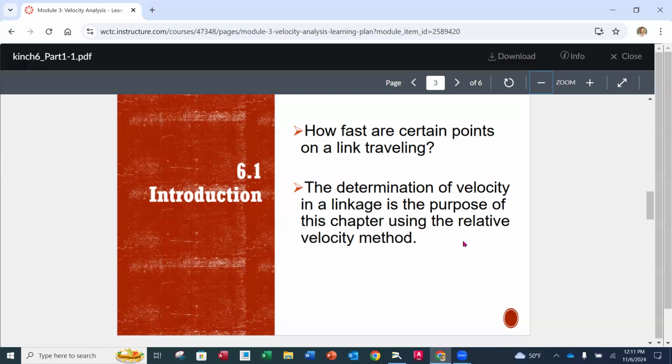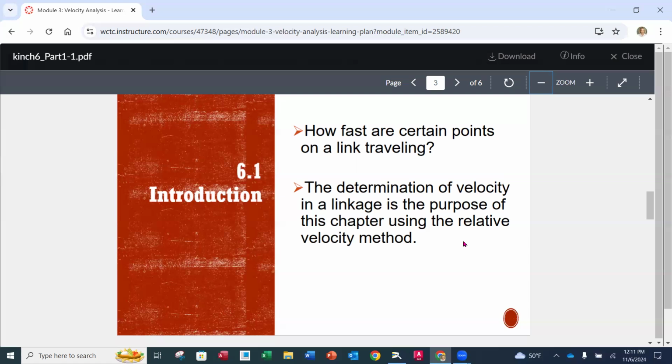So we're starting in chapter 6 with velocity. This is the motion part of kinematics. In the beginning, when we defined kinematics, we said it's the first step in our design process. It's part layout. So we've been looking at what space our mechanisms are going to take up based on the function they have. In module 1, you moved different mechanisms around to see what the output would be.